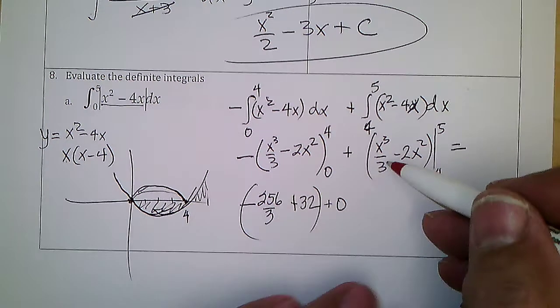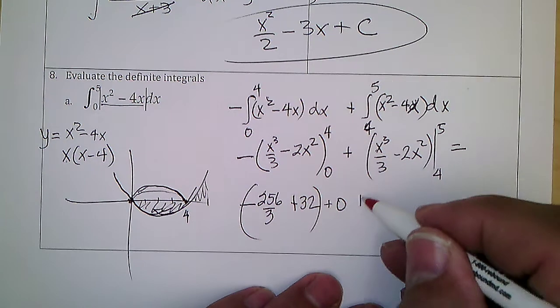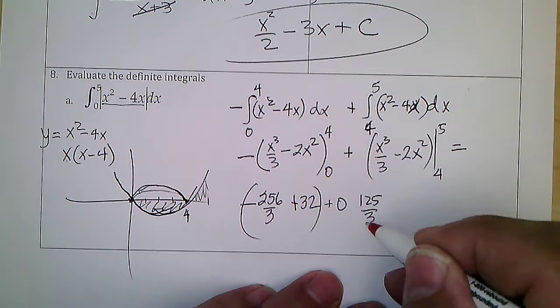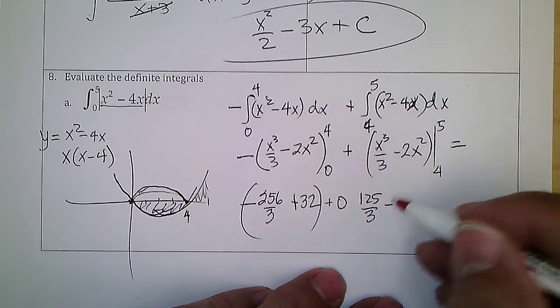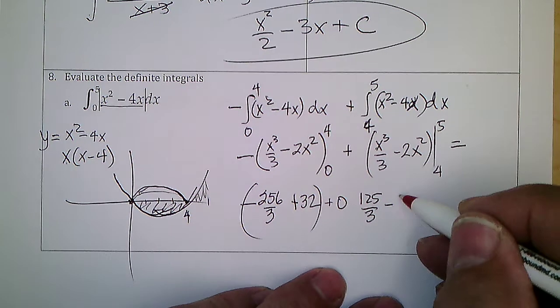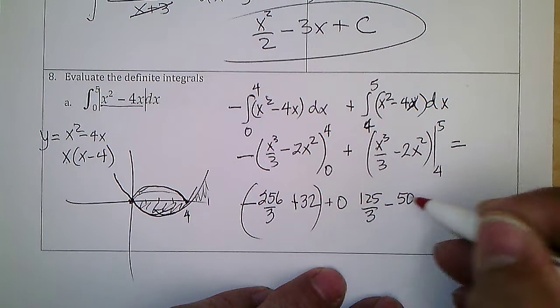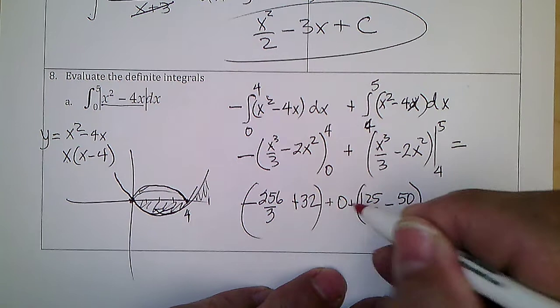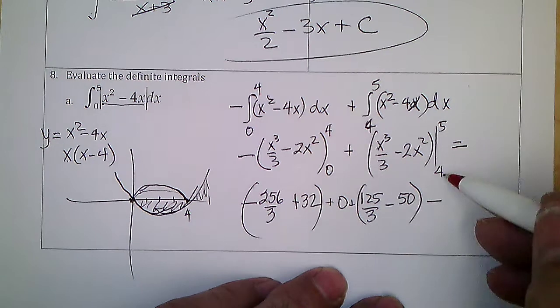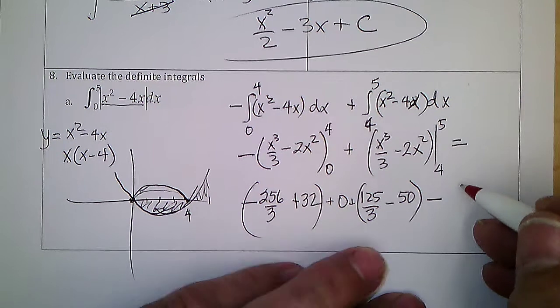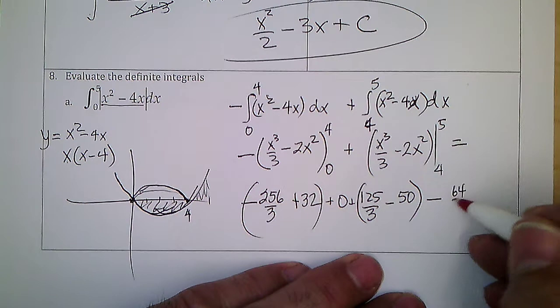And here we get 125 over 3 minus 25 times 2 minus 50. Minus, put 4 in here, and we get 64 over 3.